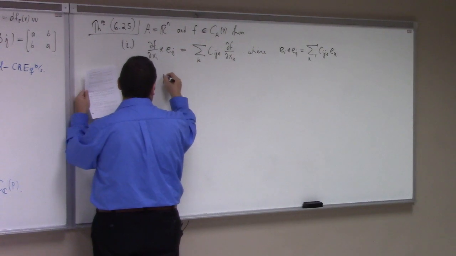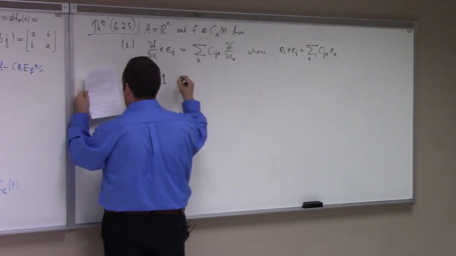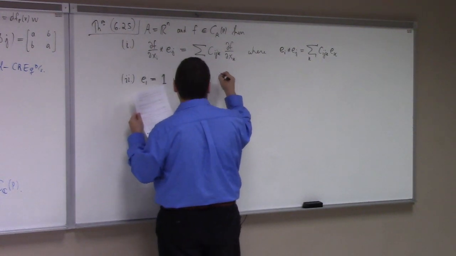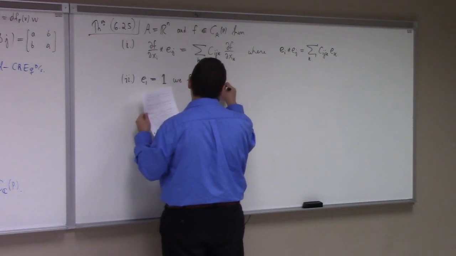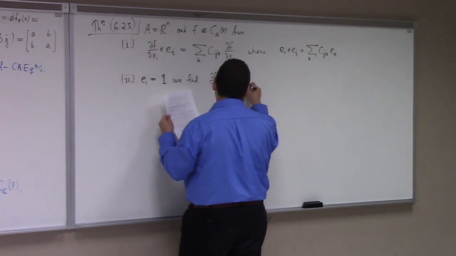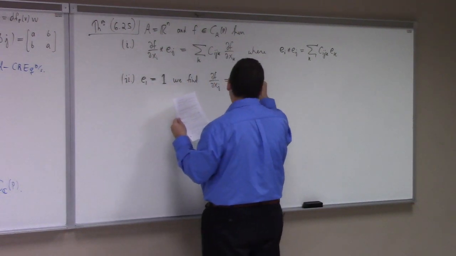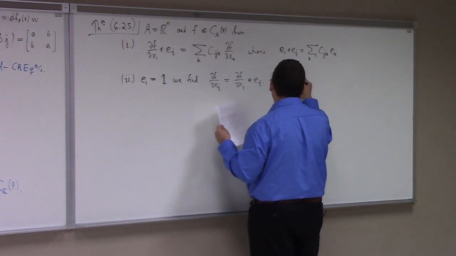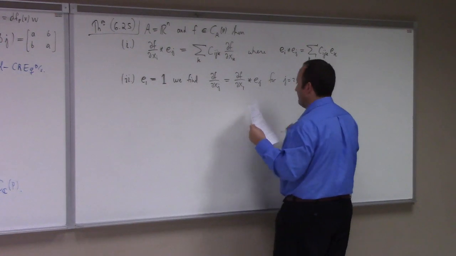If E1 is the identity in the algebra, we find partial f partial xj is equal to partial f partial x1 times ej, for j equals 2, 3, ..., n.